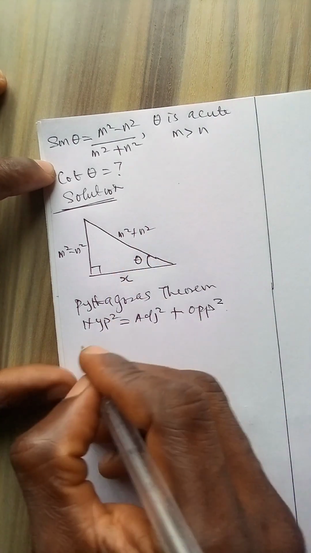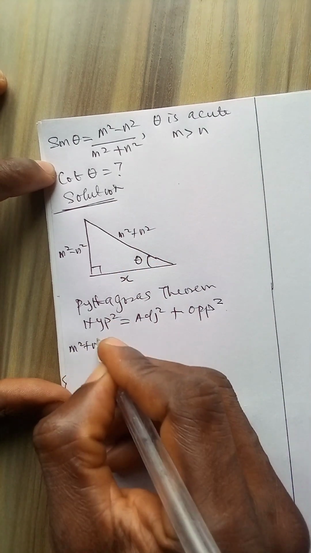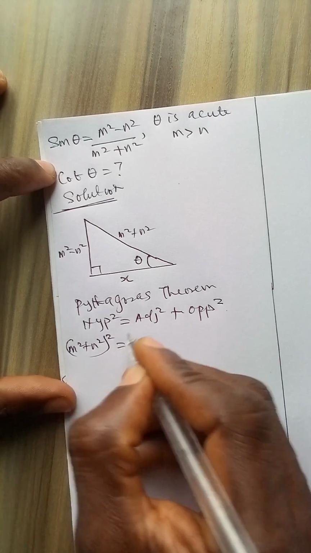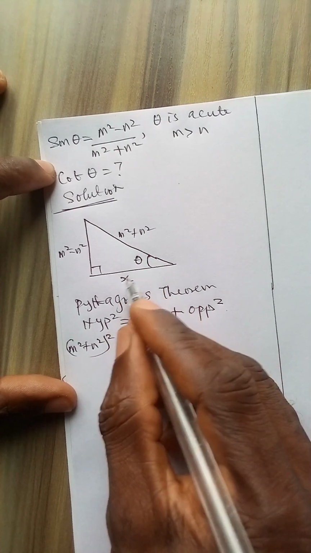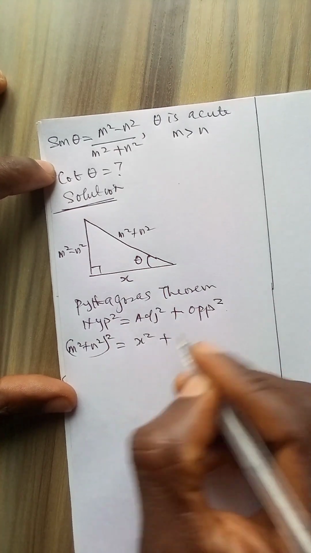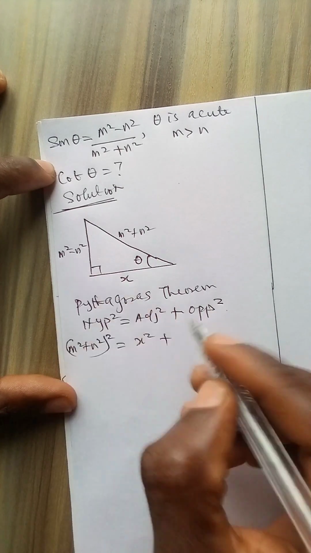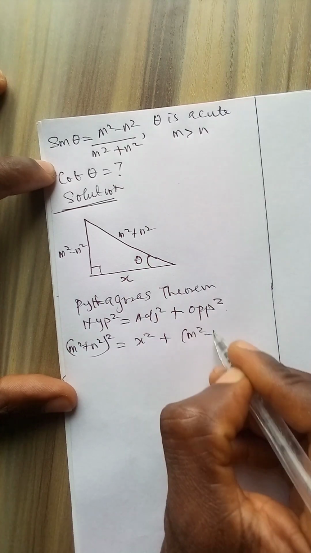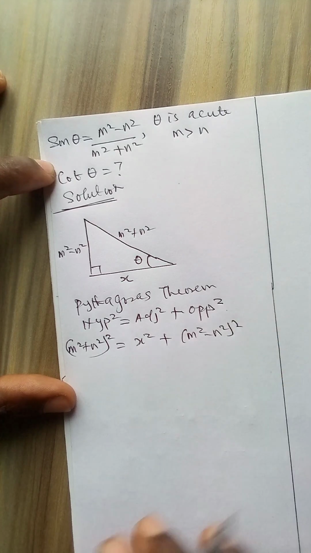Now, the hypotenuse squared is m squared plus n squared. Let's square it. The adjacent is this side, that is x squared, and the opposite is this side, m squared minus n squared. We now square it.